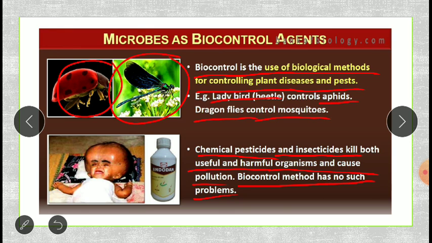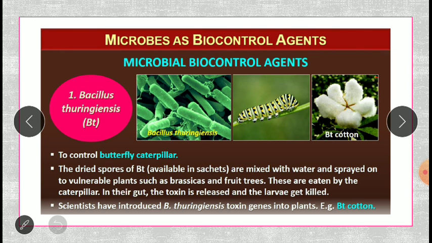So let us see how microbes are used as biocontrol agents. First example here is Bacillus thuringiensis, that is BT. It is called BT. In your lesson on biotechnology, you have already studied about BT cotton.